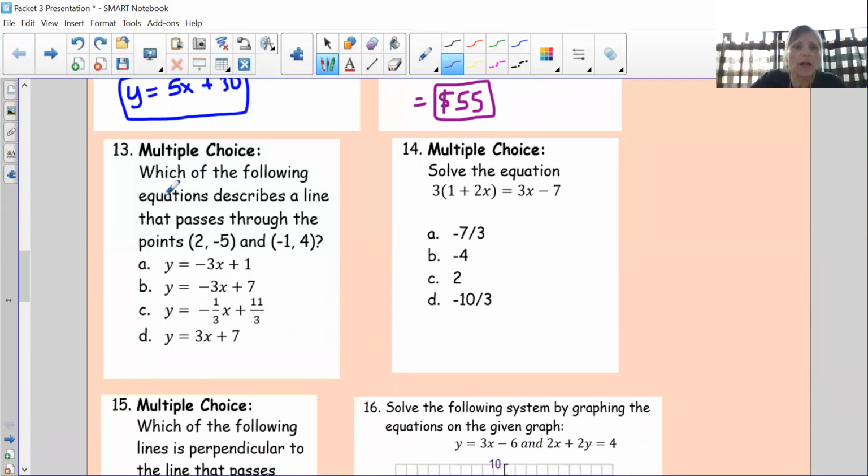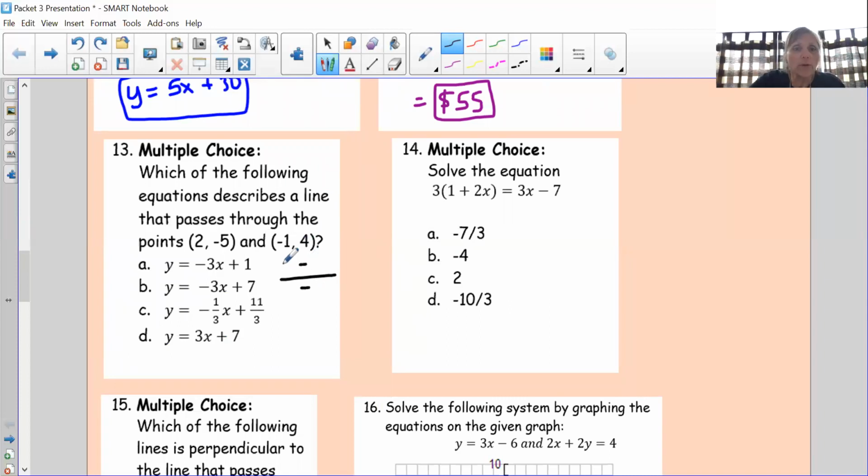Multiple choice. Which of the following equations describes a line that passes through these 2 points? So what I'm going to do is find the slope. If I'm going to do that, then I need a fraction bar and 2 non-negotiable minus signs.